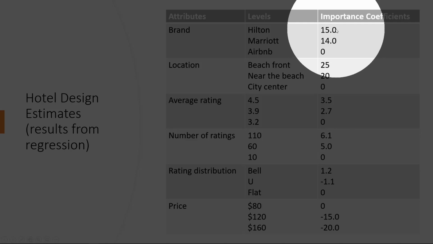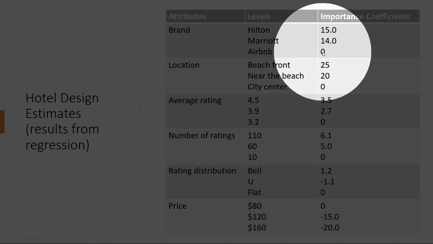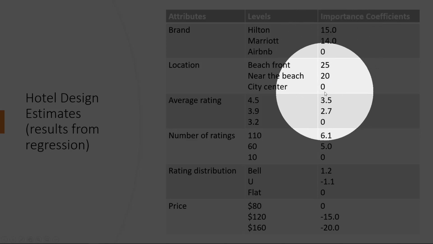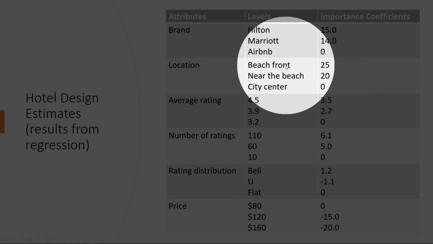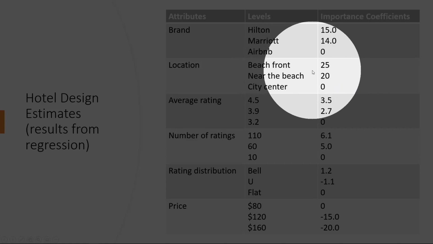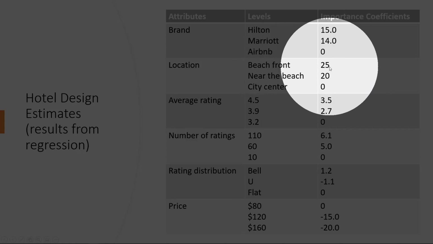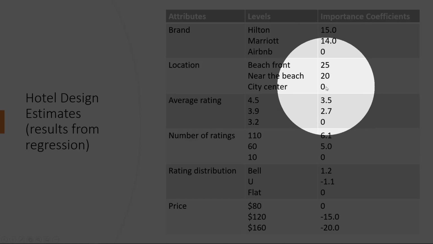And as you can see here, we have 2 estimates and a 0 for each attribute. And if you have more levels, let's say if your attribute has 5 levels, then you're going to have 4 coefficients estimated plus a baseline of 0.